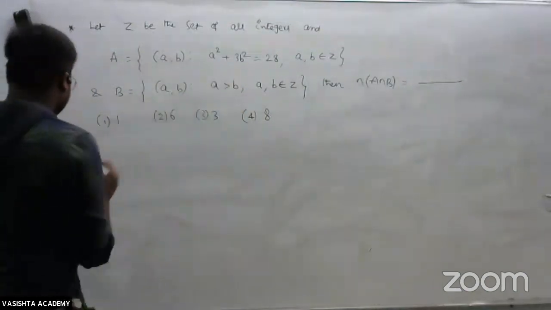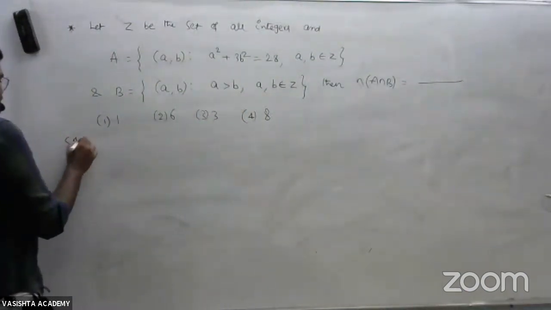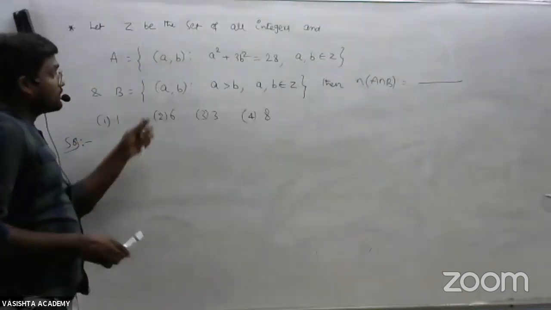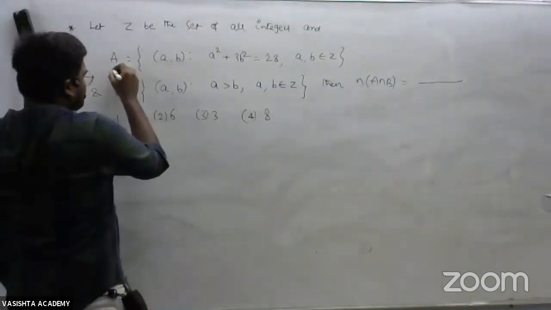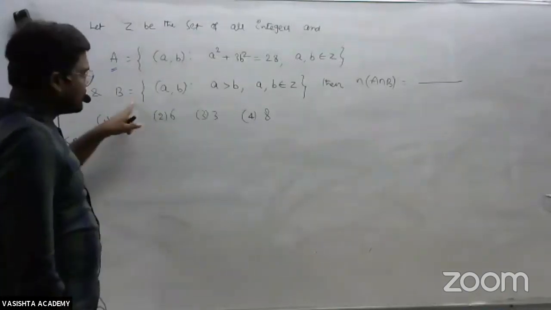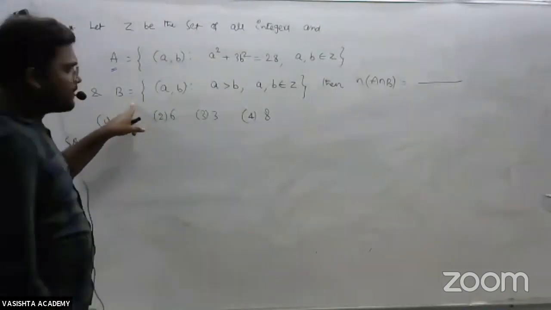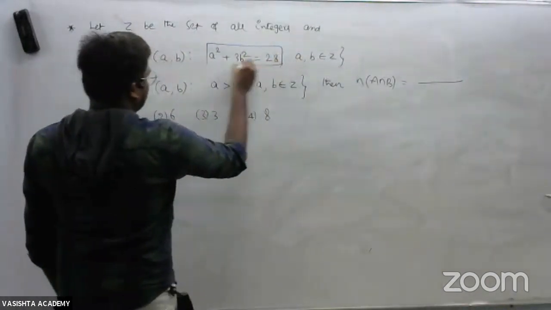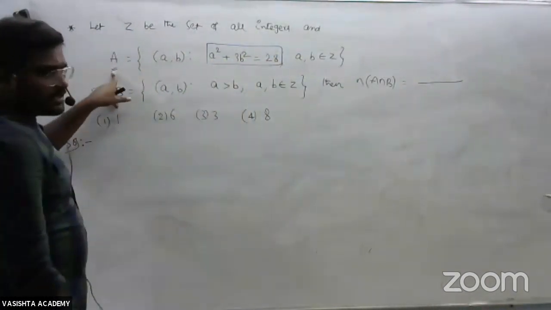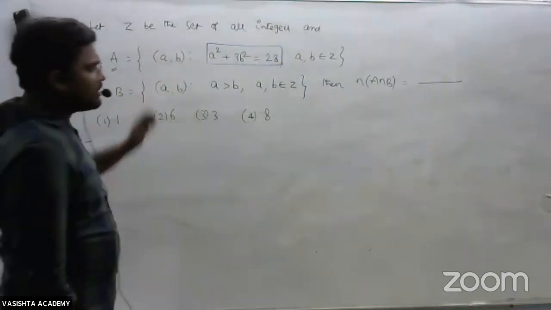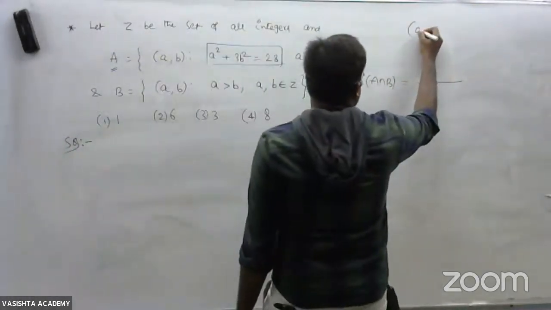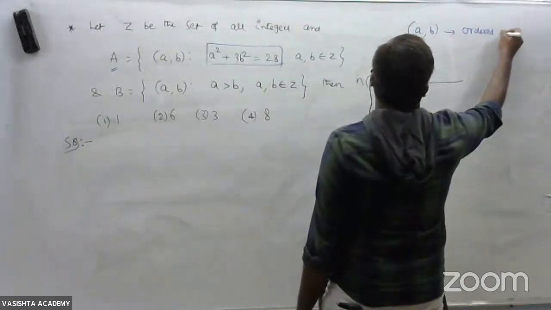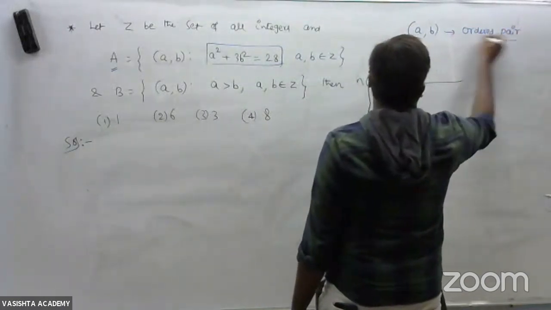Now, look at this question. First, we have to find out set A and set B. But here there is one thing. A contains all the ordered pairs (a, b). This is called an ordered pair. Pair means there are two.